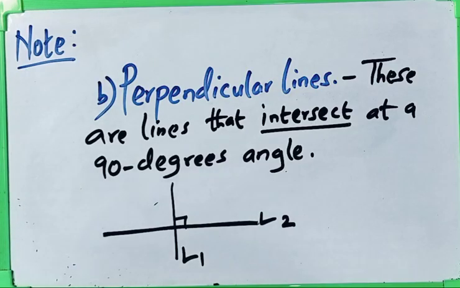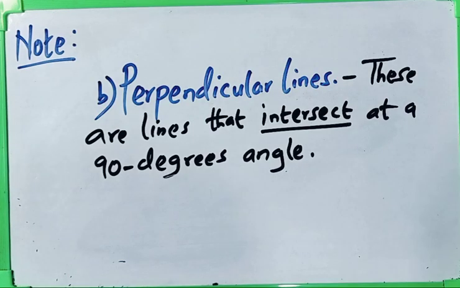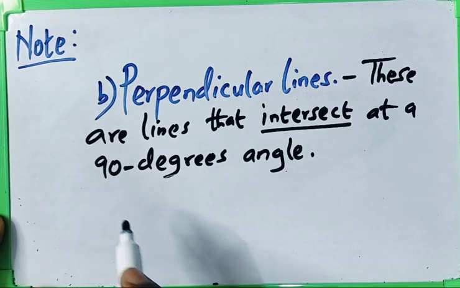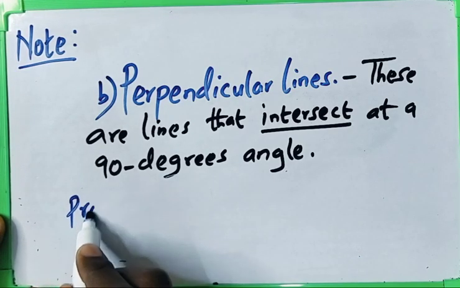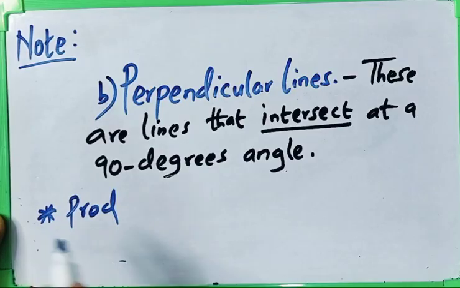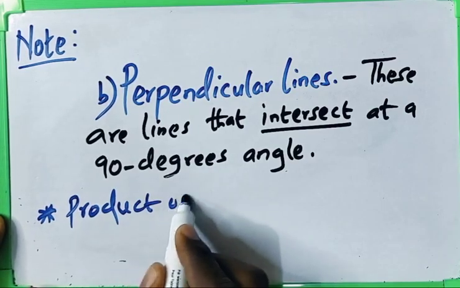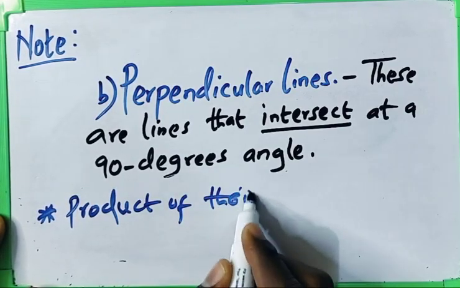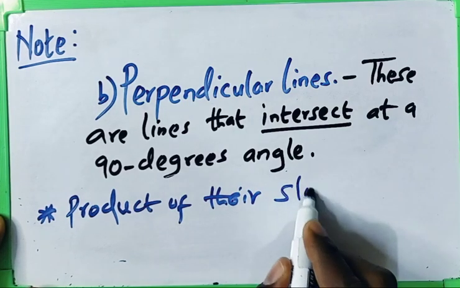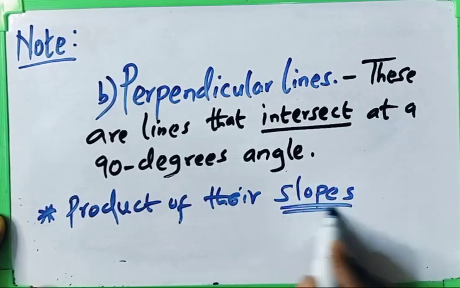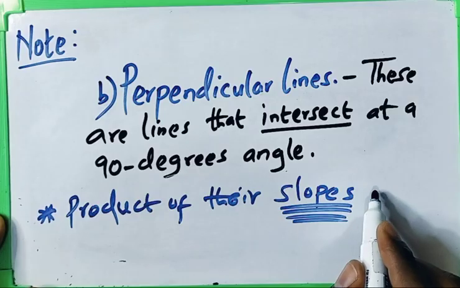Then the relationship in their gradients. Products of their gradients. Now this is where the point is. The product of their gradients or slopes equals negative 1.